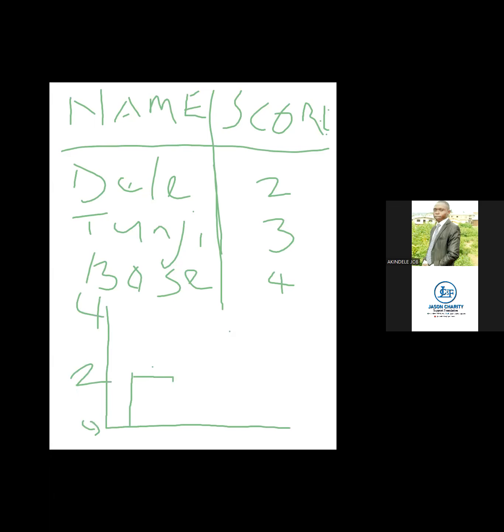This one represents Dele. Second, we have 2G, which has a score of 3, so we can represent it with T. Now, WASSCE has a score of 4, so we can represent it with B. Now, if you look at this, this is what we call a simple bar chart.